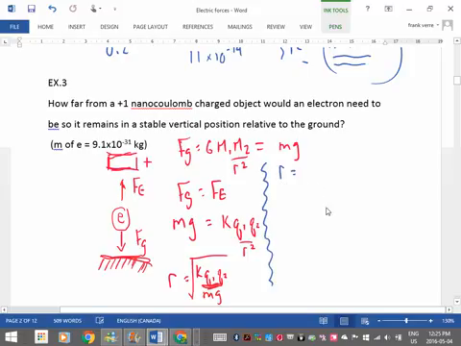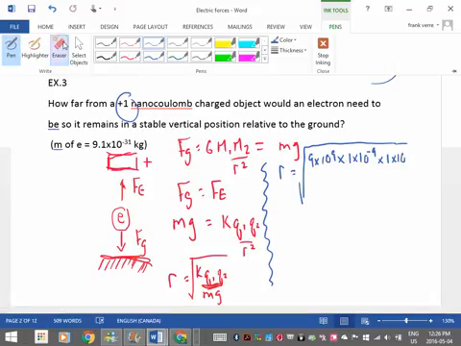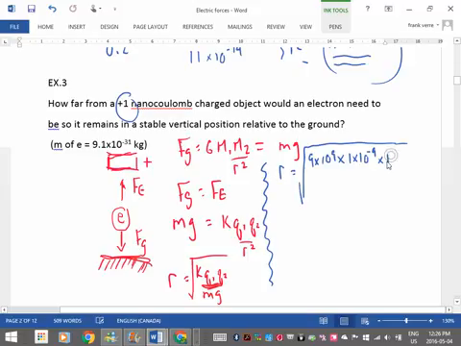Okay, so let's figure that out. K is 9 times 10 to the 9, that's just a constant. Q1, the source, is 1 nanocoulomb, 1 times 10 to the negative 9. We're holding up an electron, which is 1.6 times 10 to the negative 19.